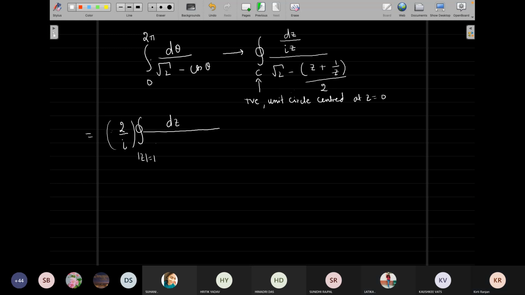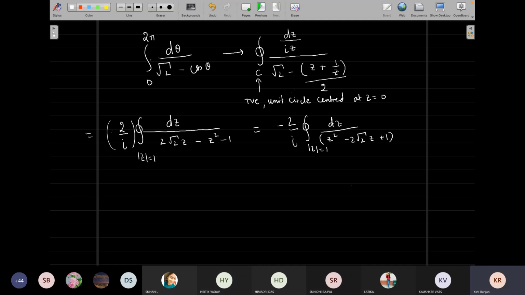Okay. And then divide by 2 root 2 z minus z square minus 1, which means you can write down as minus 2 over iota, integral over mod z equal to 1, dz over z square minus 2 root 2 z plus 1. Since it's a quadratic equation, I will prefer writing like this, right? Yes, sir.